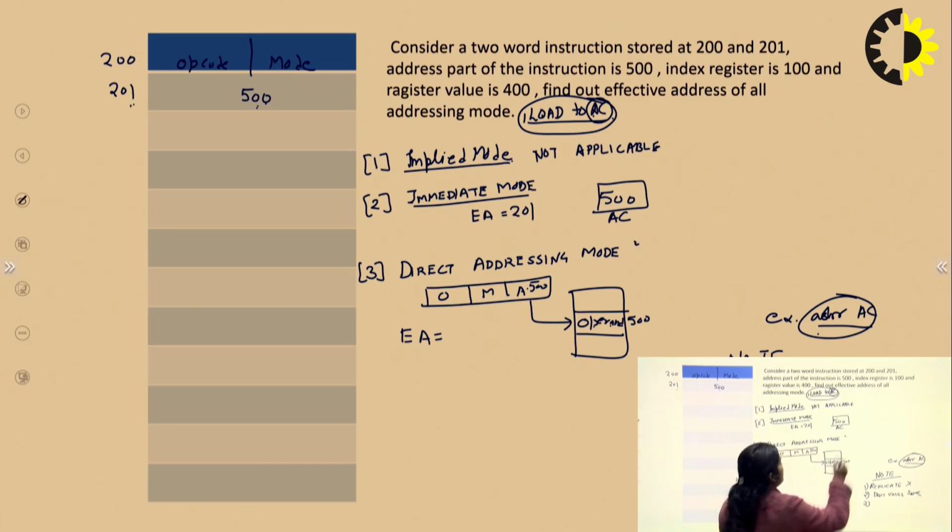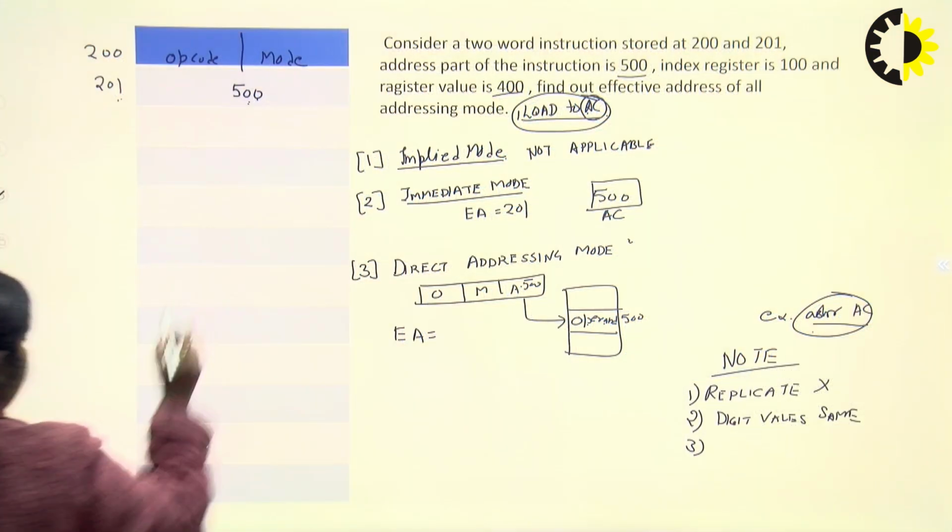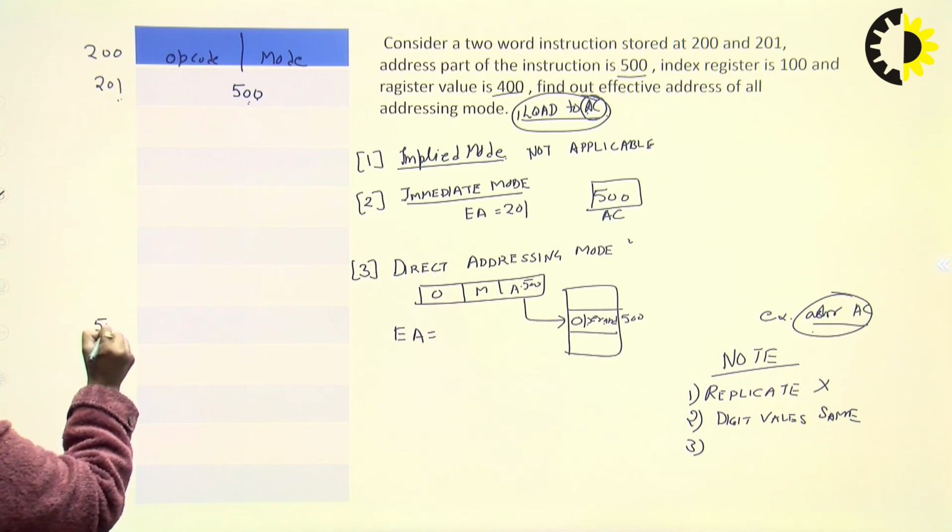You can take, for example, 221, 231, something like that. Now, in the direct addressing mode, suppose there is a 500 value.